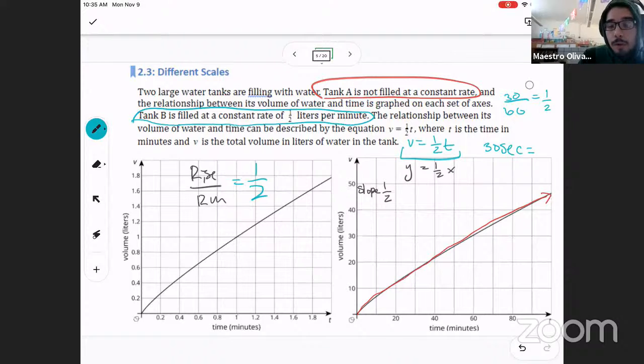And this is a proportional relationship, right? So we start at 0. And if we go up by 10, how much do I have to run, or how much do I have to go to the right so that it's proportional to 1/2? 10 over what number is equal to 1/2?